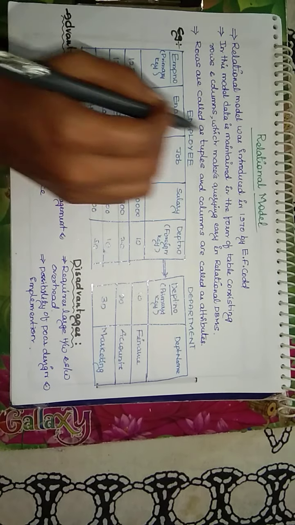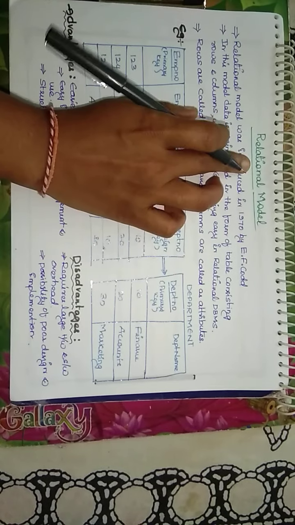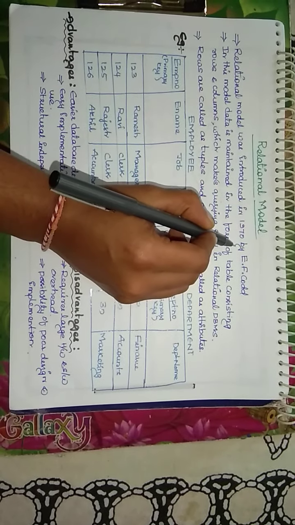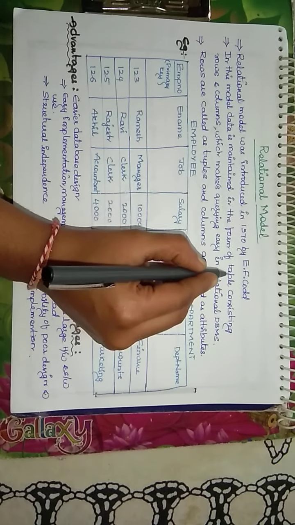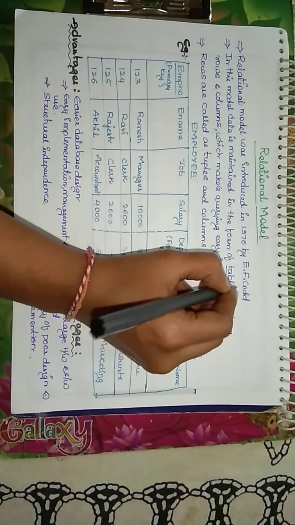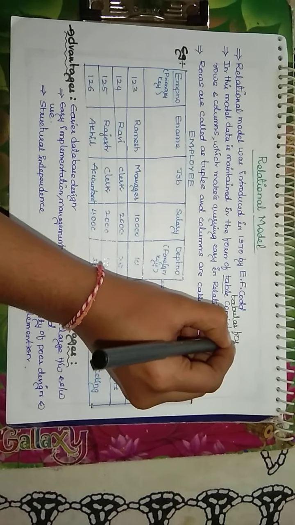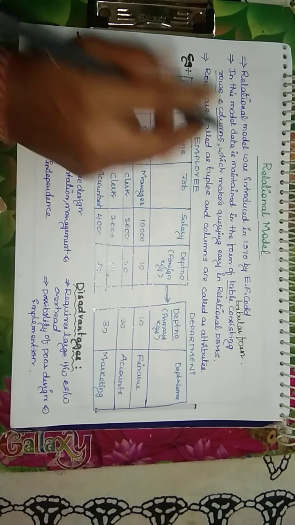In this video, I'm going to explain the relational model. It is one of the database models, which was introduced in 1970 by E.F. Codd. In this model, data is maintained in tabular form, which consists of rows and columns.